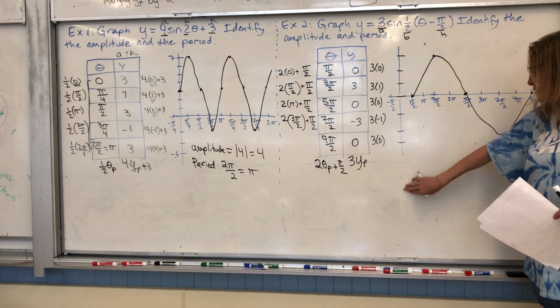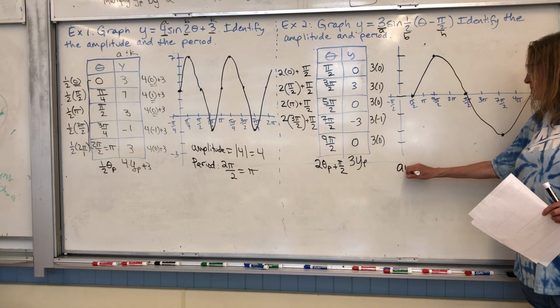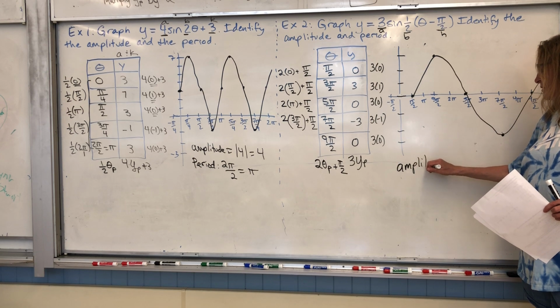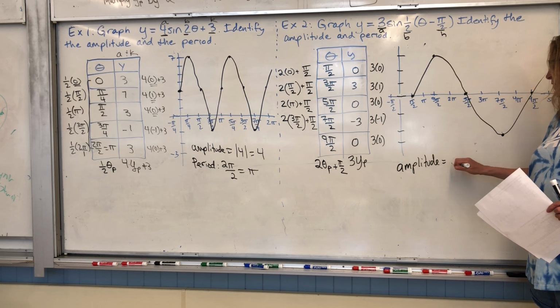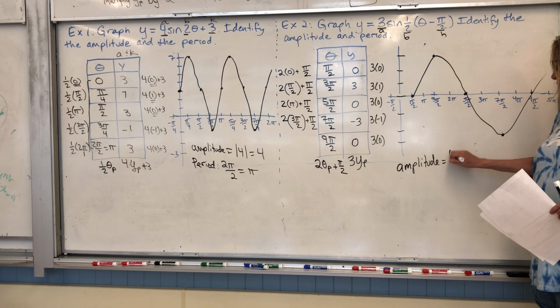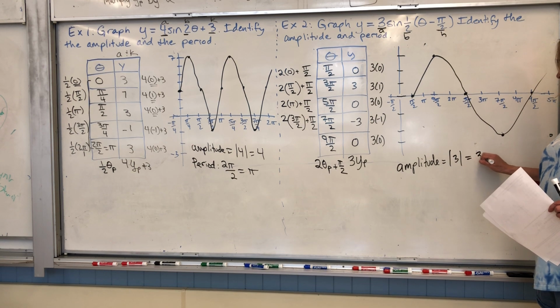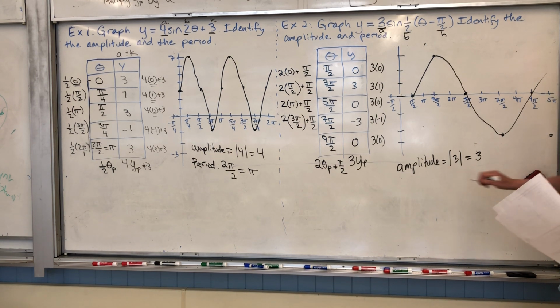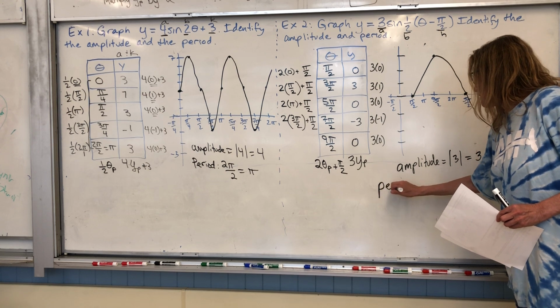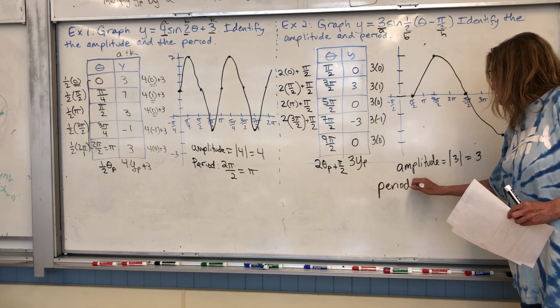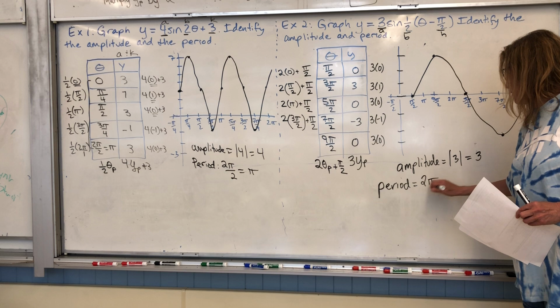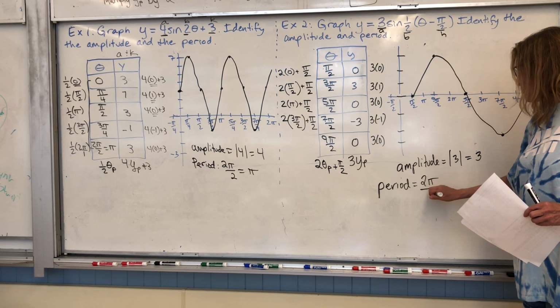Okay, guys, we need amplitude and period. Amplitude is the absolute value of A. So it's absolute value of 3, which is 3. And the period is 2 pi over b.